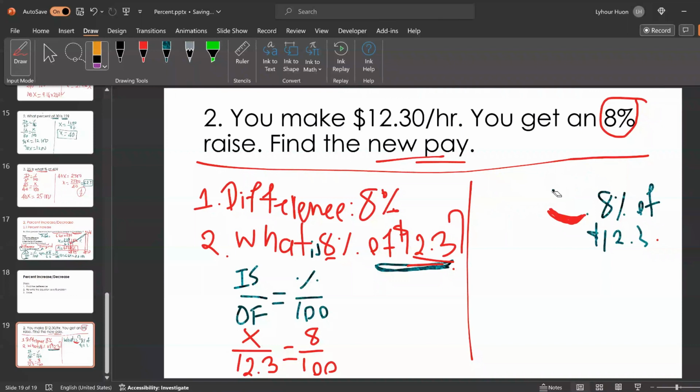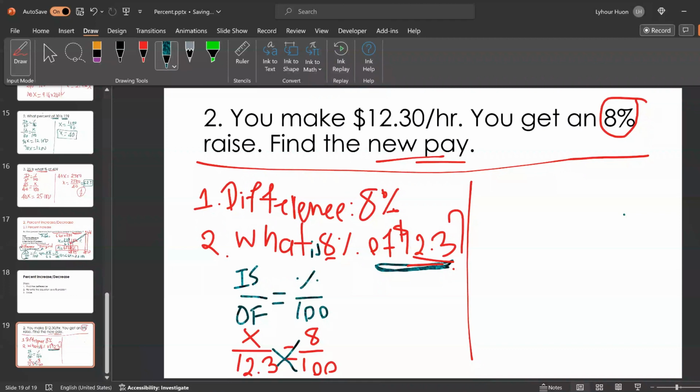Now we have x over 12.3 equal to 8 over 100. Can we solve for x? To solve for x, we do cross multiplication.